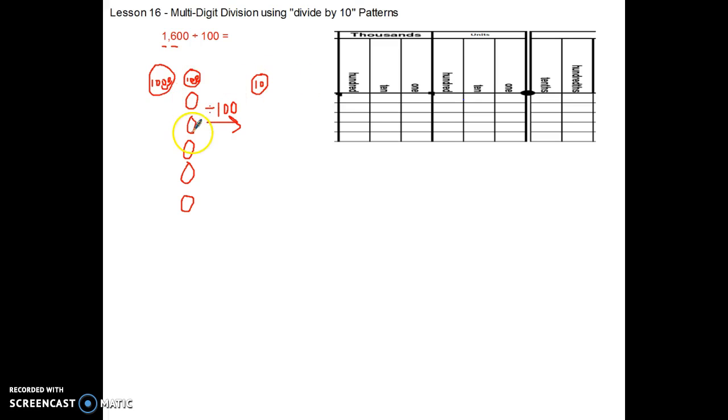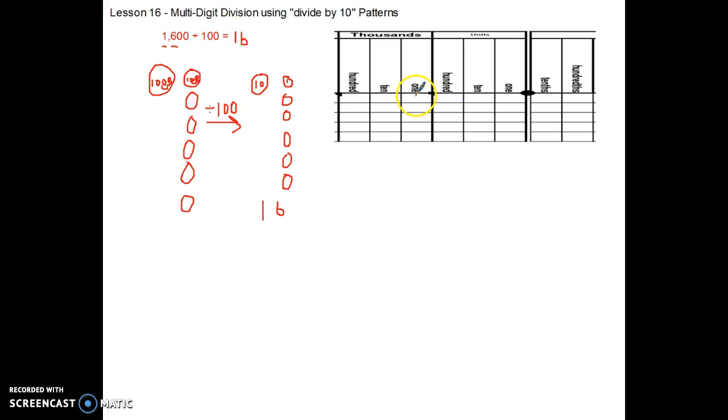So each of these hundreds discs is now going to just become a ones disc. And I'll draw that 1 here, and then we'll just know that the rest of these is 1, 3, 5, and 6. So what I have left here is 1 in my tens and 6. So I know that 1,600 divided by 100 is equal to 16.